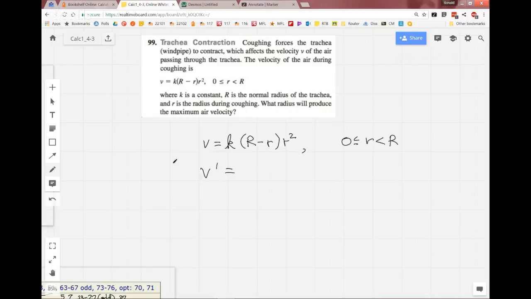Should we multiply this out? I think I will. So this would be kR minus k small r times r squared. Should I multiply that out too? Let's try it.